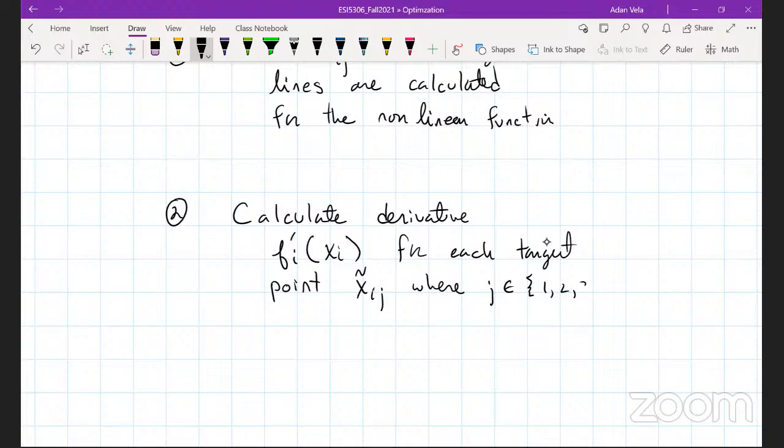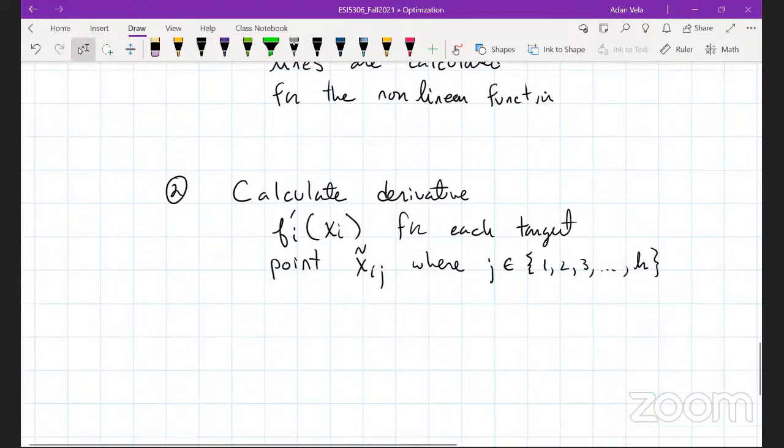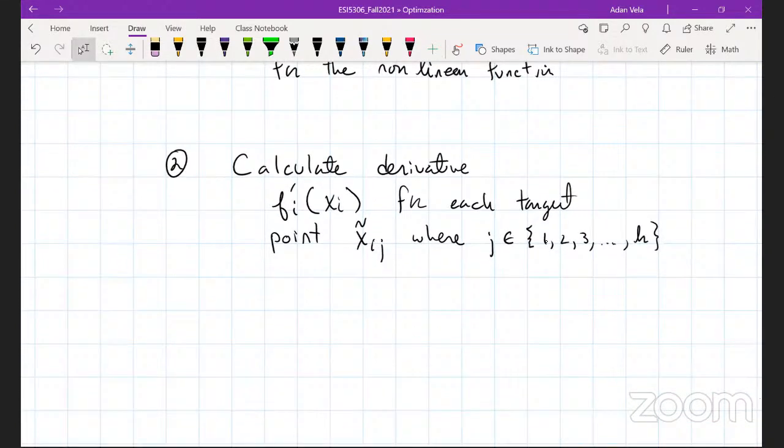And again, if we have k tangent points, then we're going to calculate the slope or the derivative at each of these tangent points. This will provide us with each mij.